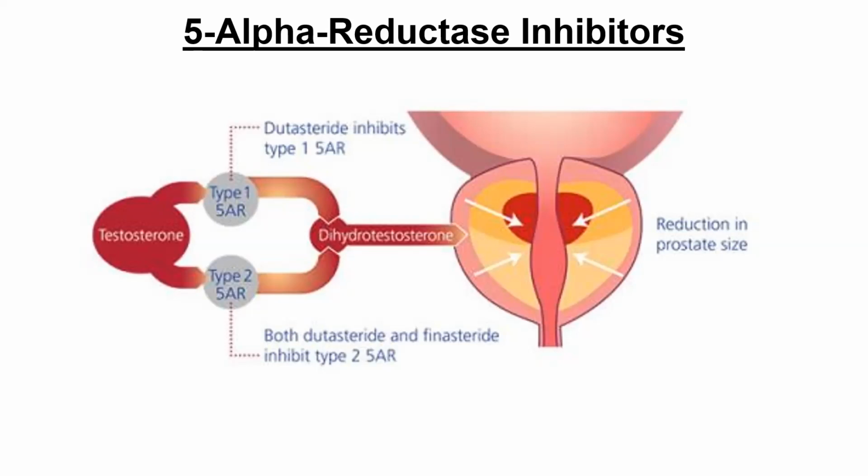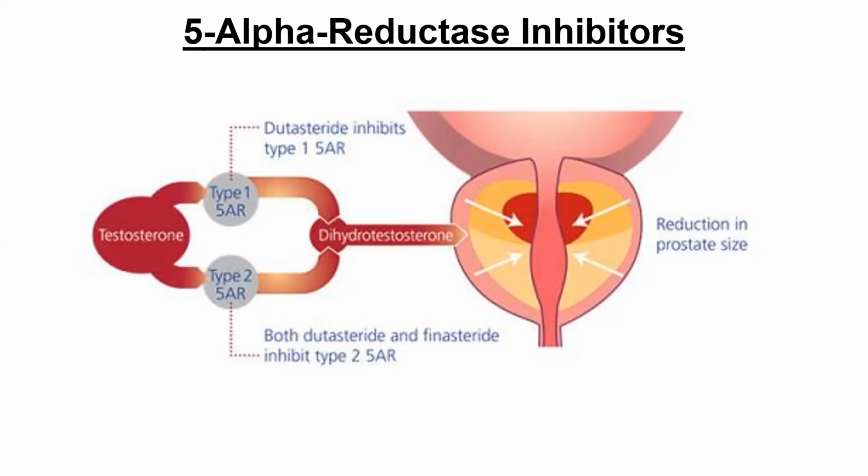Normally, testosterone circulates in your body, but it is not the most biologically active form. It has to be converted into dihydrotestosterone by two enzymes called type 1 and type 2 5-alpha reductase. These enzymes convert testosterone to dihydrotestosterone, which then has a mitogenic effect that supports enlargement and growth of the prostate gland.